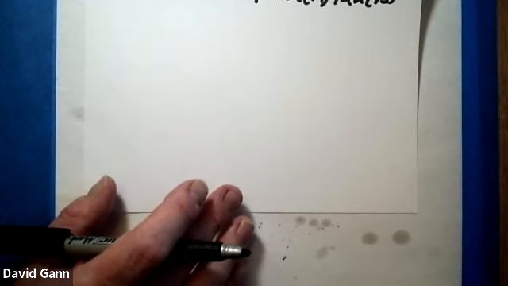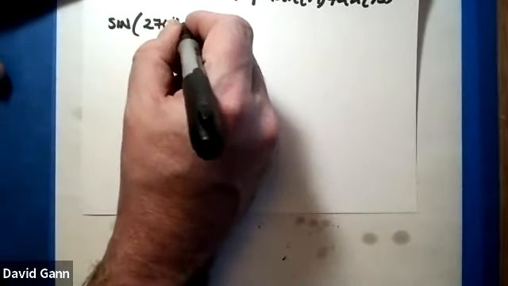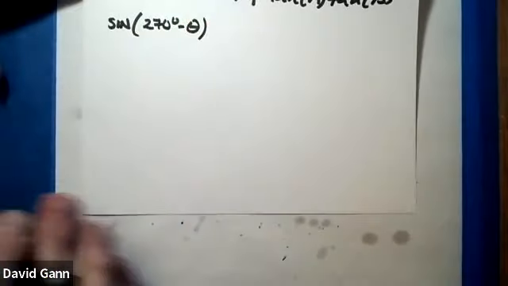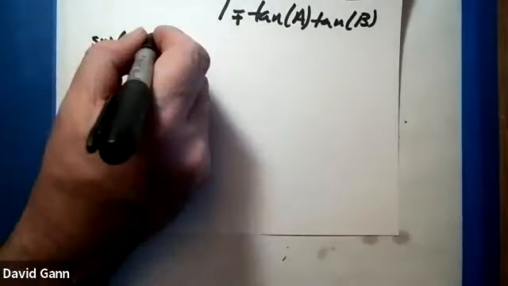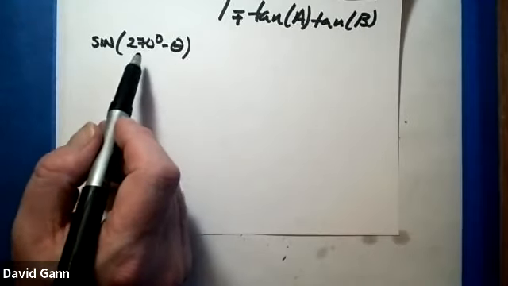Let's take something that looks a little bit like a cofunction identity and see what we can get from it. So let's try to find the exact value of the sine of 270 degrees minus theta. Okay, now this is kind of like a cofunction.